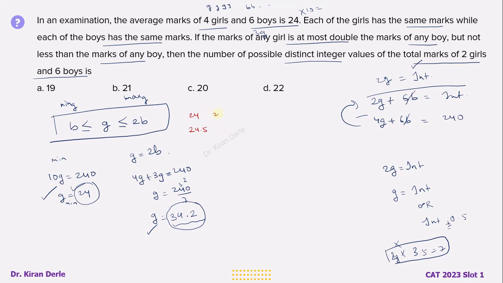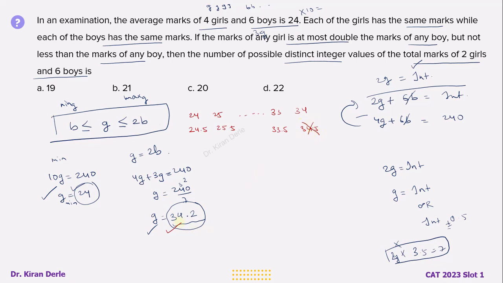The next possible values can be 25 and 25.5. Till what? Till 33, 33.5. Is 34 allowed? Yes, G can have a maximum of 34.2. 34 is also allowed to us, but 34.5 is not allowed.